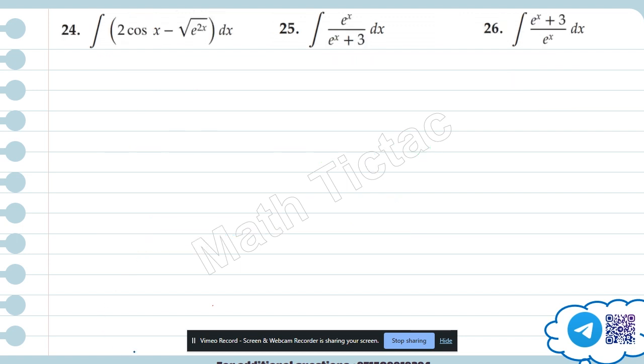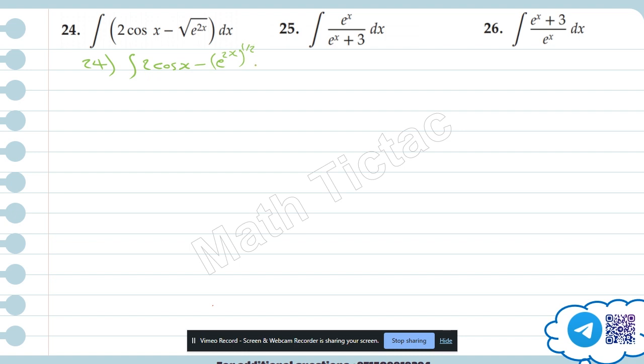Let's see another question, question 24. The integration of 2 cosine x minus the square root of e to the power 2x. This is very easy. We can rewrite this as 2 cosine x minus e to the power 2x, all to the power 1 over 2.